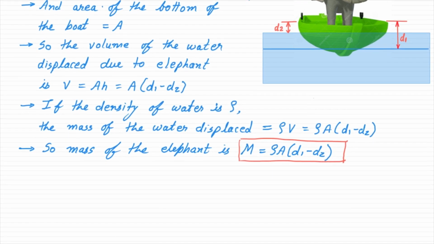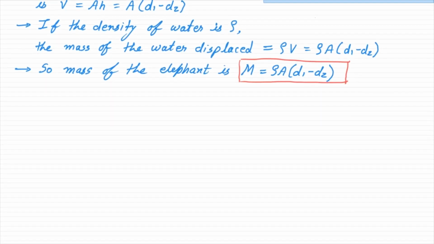Now let us see the answer C, where we need to find out the speed of wind. Here we will use a gas balloon to estimate the speed of wind. You might have seen this type of gas balloon.